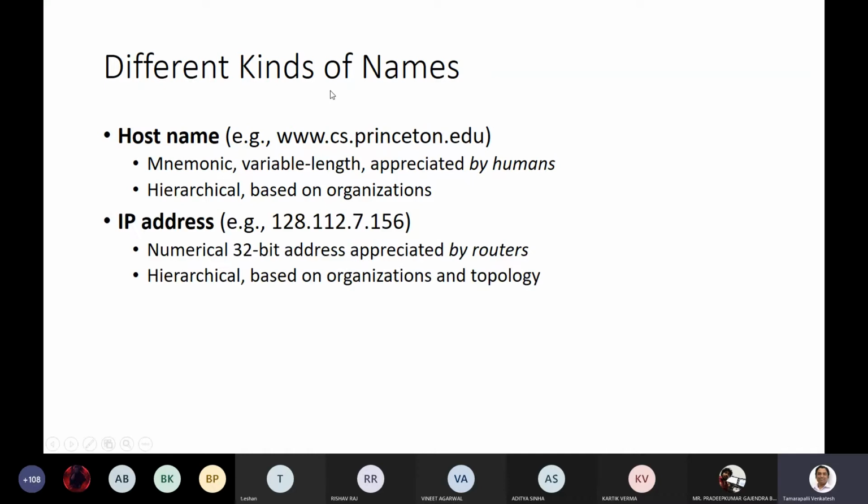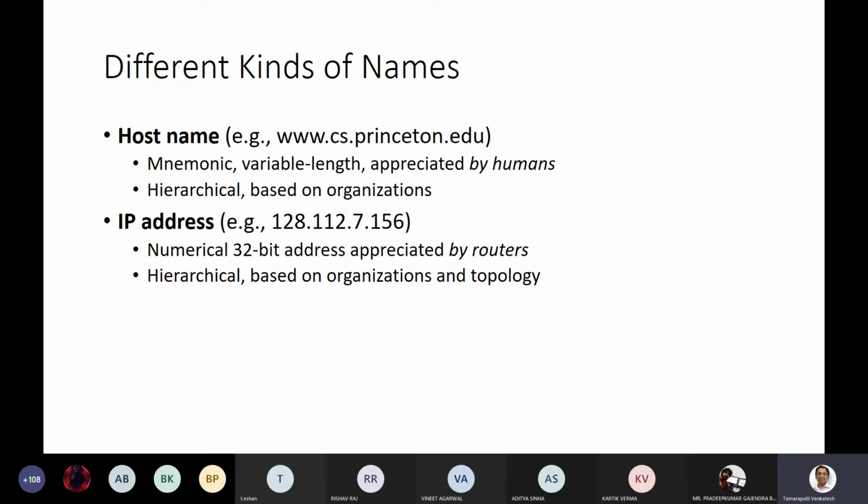And then we also have IP addresses, which also have a structure in them. They have something called the network address, or prefix, and then the host address. So although these are 32-bit addresses, they again have a structure in them, typically 4 octets, and some octets are reserved for the network part, and some octets are reserved for the host part.